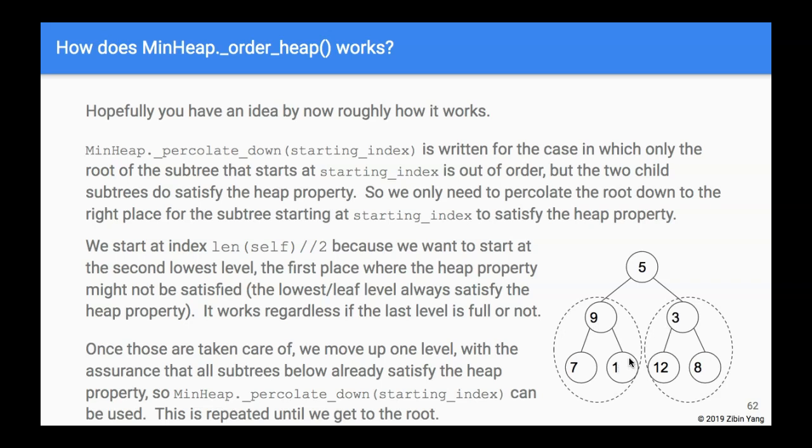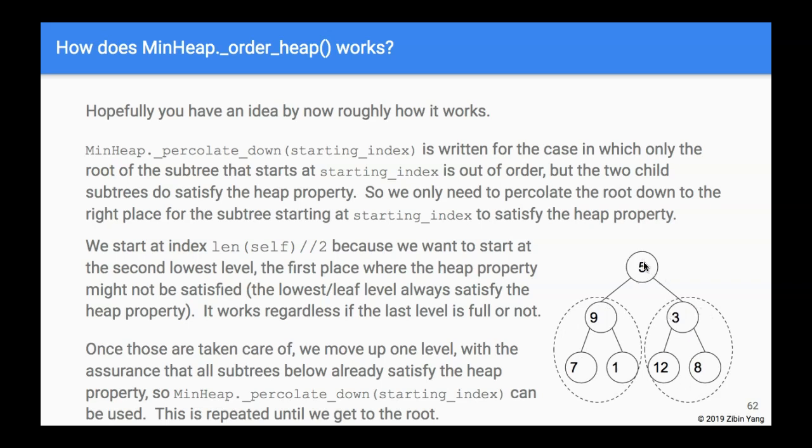So we call percolate down on all the subtrees that start at the second lowest level, turn all of them into a min heap, and then once we're done with that level, we go up one level, because the subtrees that start at the nodes above the second lowest level might not satisfy the heap property, even though their child subtrees all do.